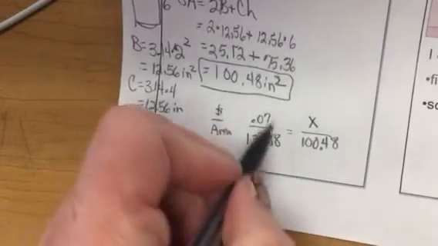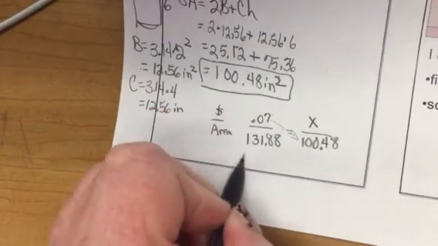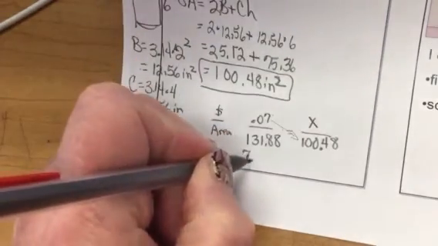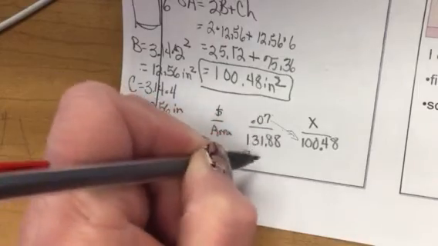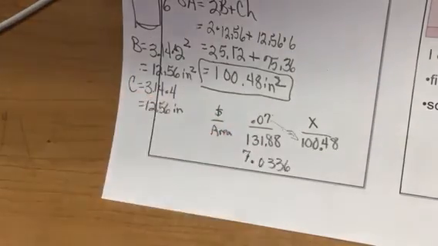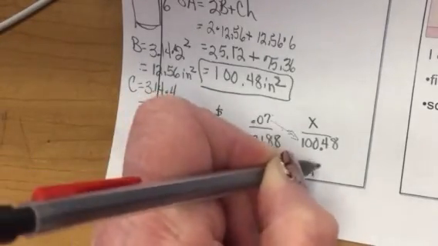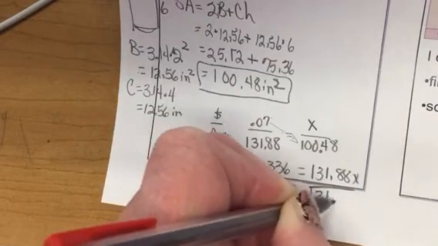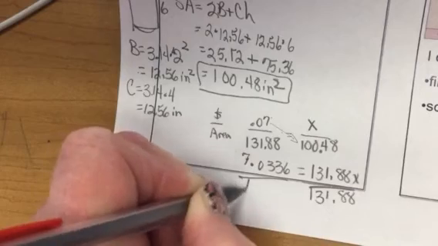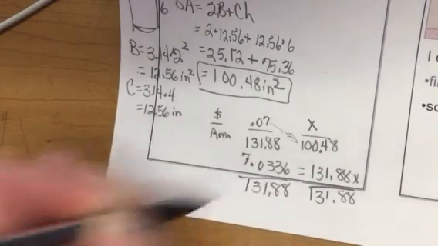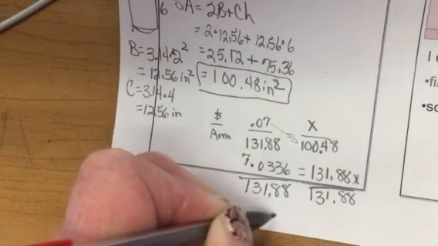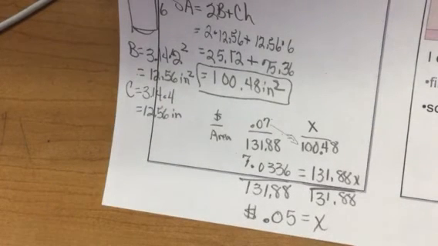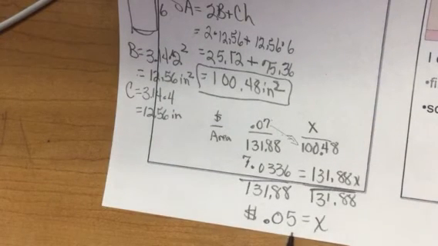We double cross. So cross this way, 7 times 100.48 equals 131.88 x. Divide by 131.88. Divide by 131.88. And you get 0.5 rounded to the nearest penny. So for that second can, we should get 5 cents.